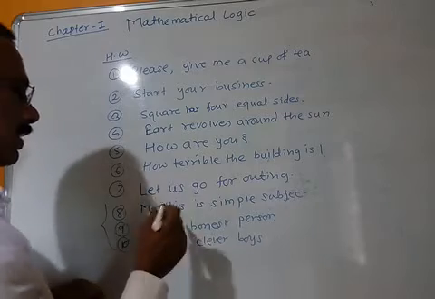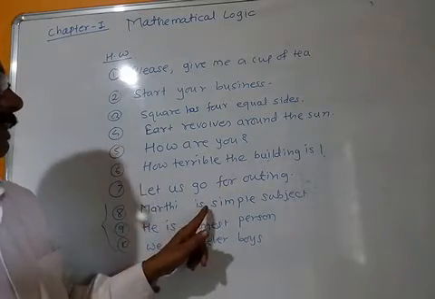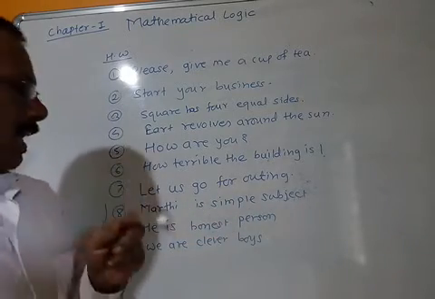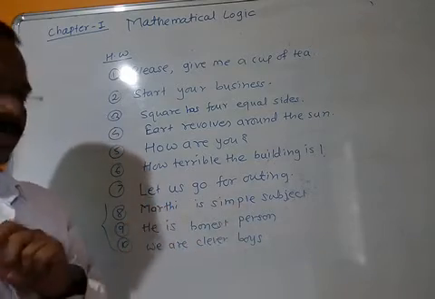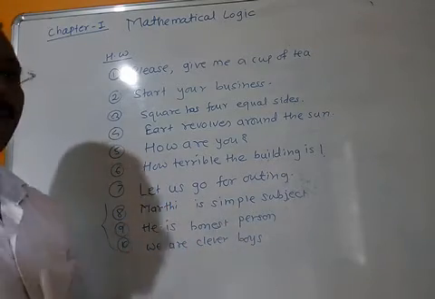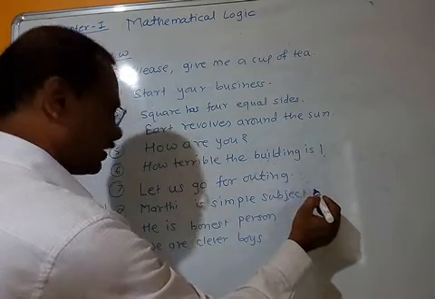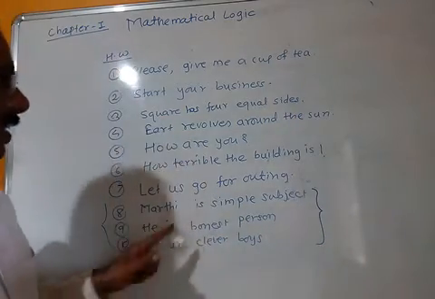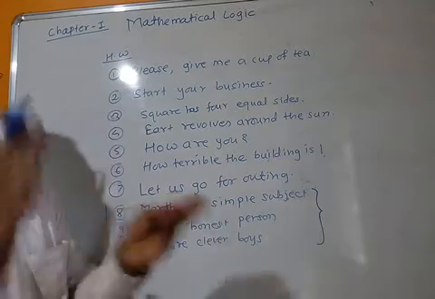Marathi is a simple subject. He is an honest person and we are clever boys. Those 3 sentences change from person to person, so they are not statements. They are open sentences. Someone feels Marathi is a difficult subject, someone else feels it is simple. He is honest also changes person by person. Who are clever boys? It also changes person to person. Open means it changes person to person.